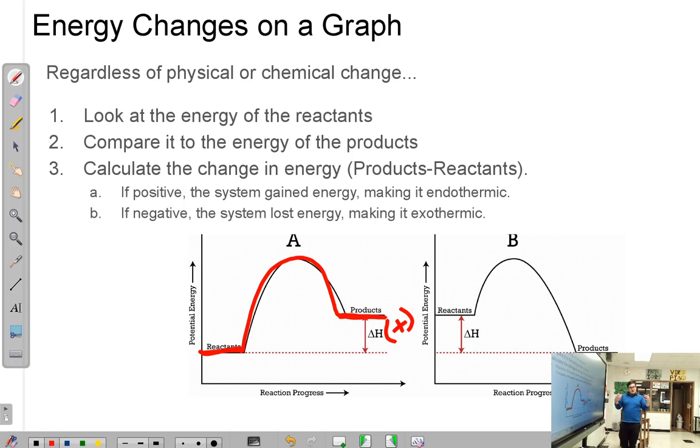Energy has to be stored. The opposite: if we start off with more energy and we end with a lower energy, our change in enthalpy is negative, meaning we're going to release some sort of energy.